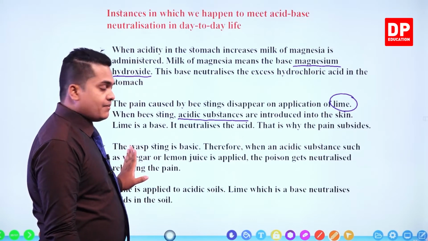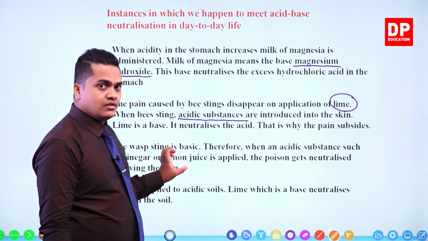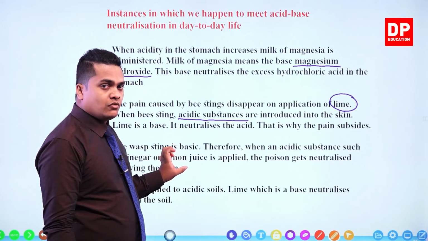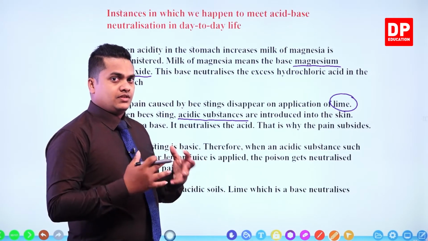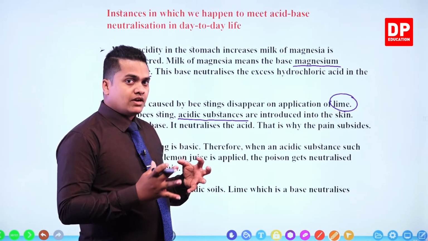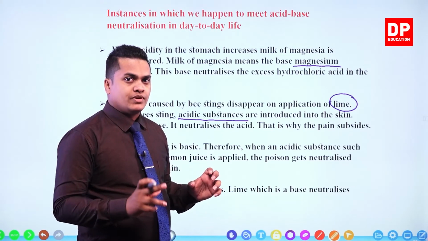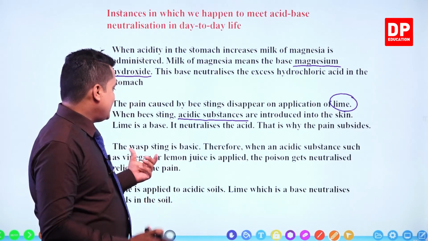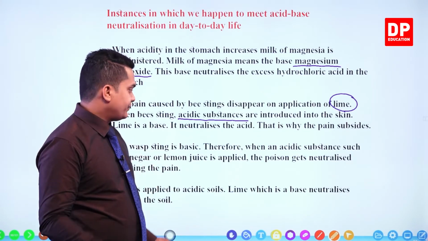Then the next example, the wasp sting. Wasps are somewhat dangerous, up to a certain level, rather than the bees, and somewhat larger. So wasp sting is basic. It has a basic nature.